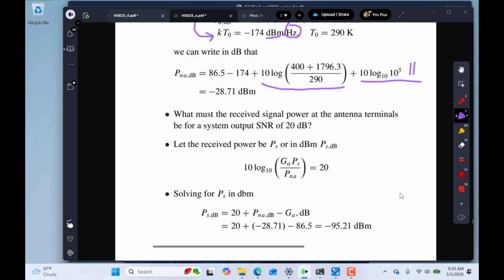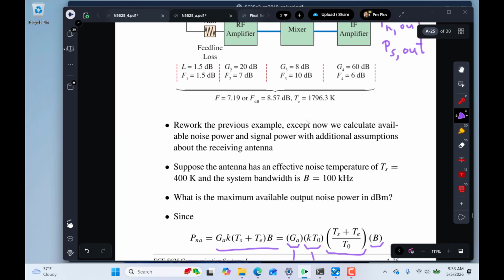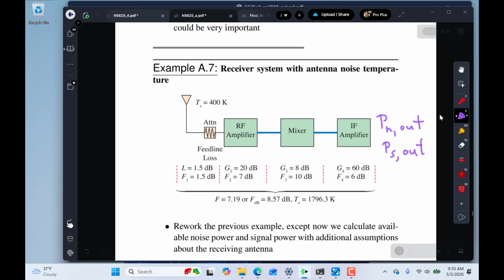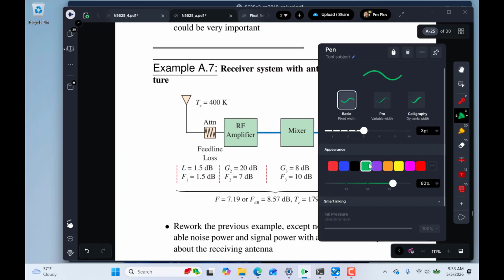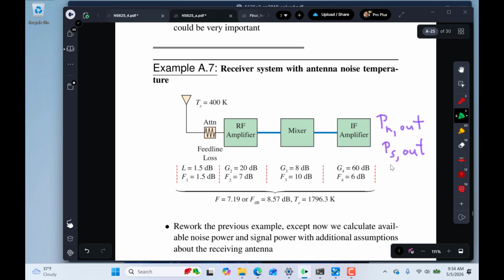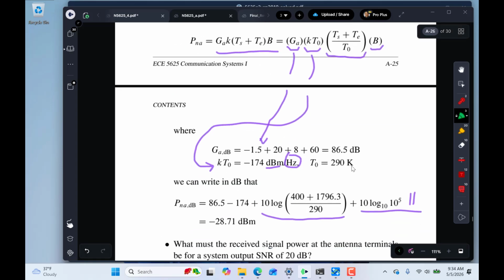You might say in an example like this, what must the received signal power at the antenna terminals be for a system output SNR of 20 dB? What we'd like is to be 20 dB above the noise power for our signal power. So we want to make this sit 20 dB above the noise power at that point.